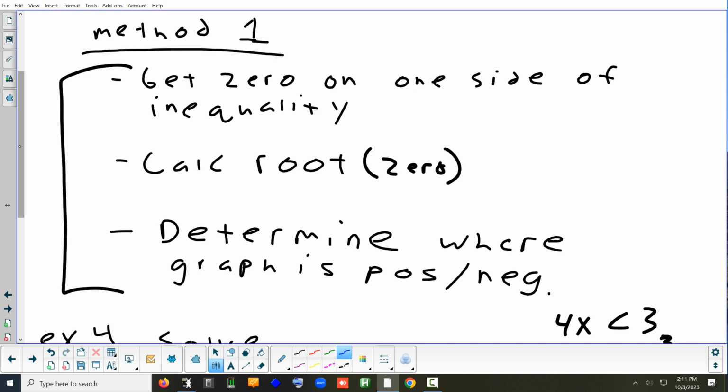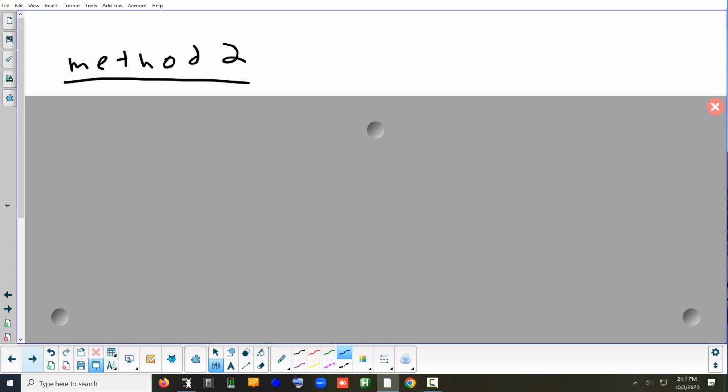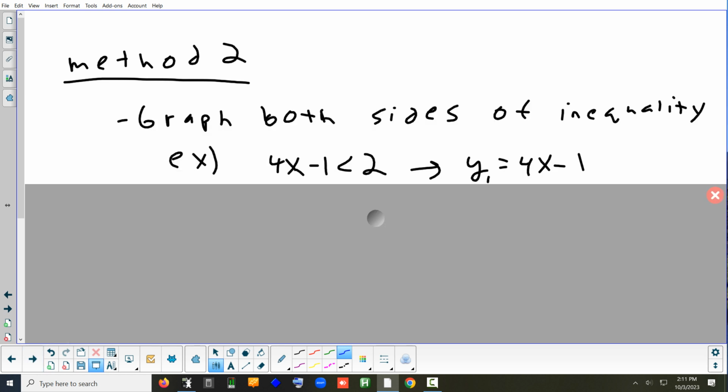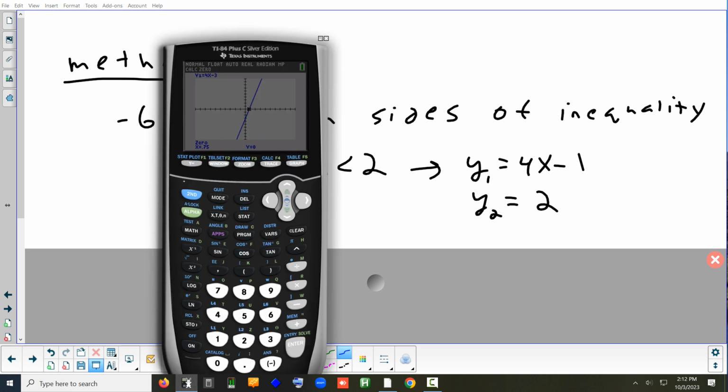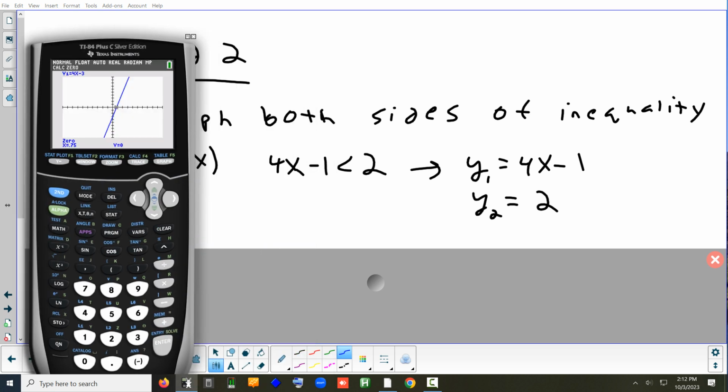So that method does involve a little bit of work because you're going to get 0 on one side. The second method, you don't have to do that. You're just going to leave the problem the way they give it to you. We'll do the same question again. Leave the 4x minus 1 on one side and leave the 2 on the other.